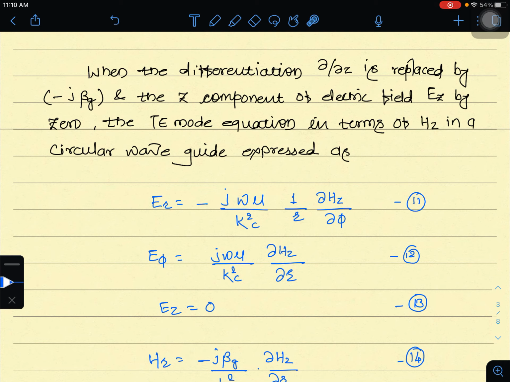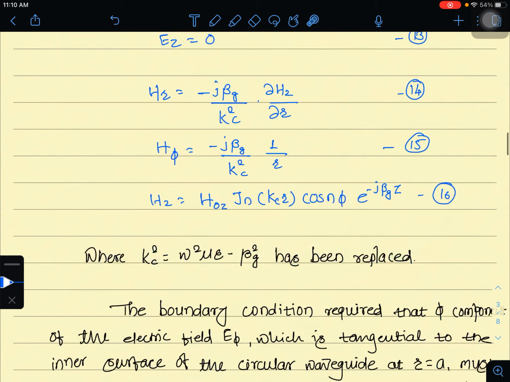Why? Because in those terms we easily get information about the magnetic field along the z axis. How? Because in each term the Hz is present.